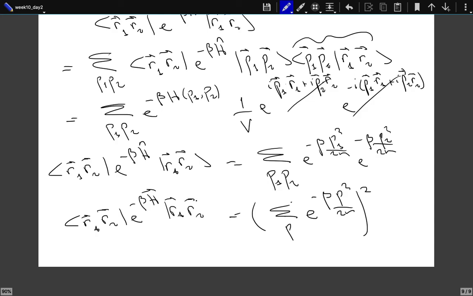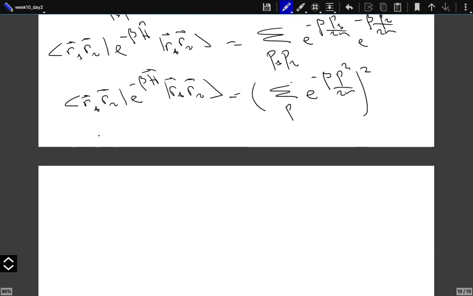You see, there is no position dependence. In fact, if you write the actual density matrix, rho(r1, r2), classically, this should be equal to the density of particles at the point r1 multiplied by the density of the particles at the point r2.